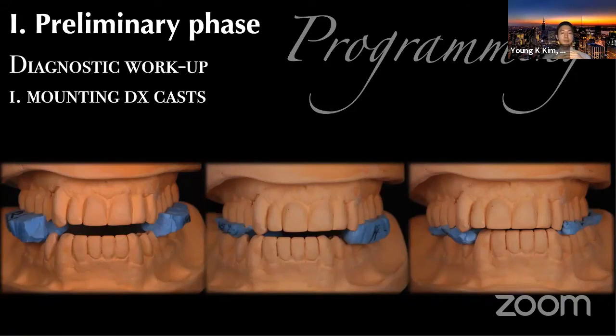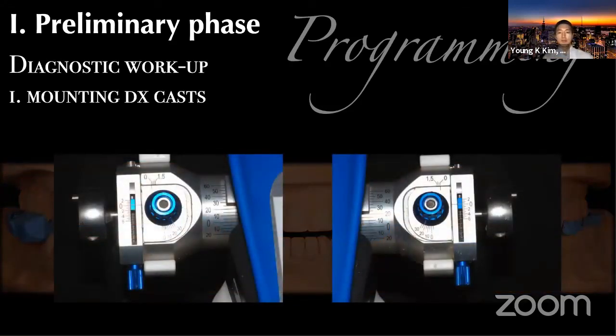Well, I personally take several eccentric bites, like a protrusive record and a lateral protrusive record, along with the CR record, in all of my cases, because we may pursue some occlusal splint therapy, or I would like to analyze and verify my CR bite registration, the articulation of the cast with those bites that I have, assuming the patient has no premature centric contact. And this is the semi-adjustable articulator. You can do the programming so that you don't need to use fully adjustable articulators.